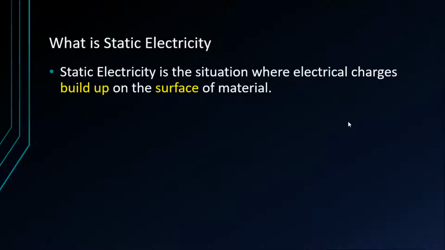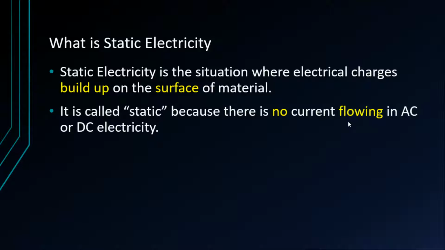Static electricity is a situation where electrical charges build up on the surface of material. It is called static because there is no current flowing in AC or DC electricity. Okay?